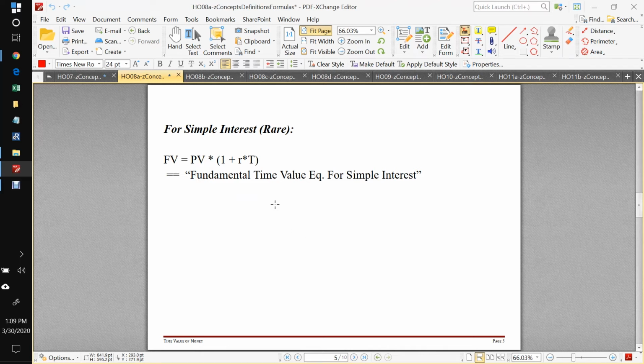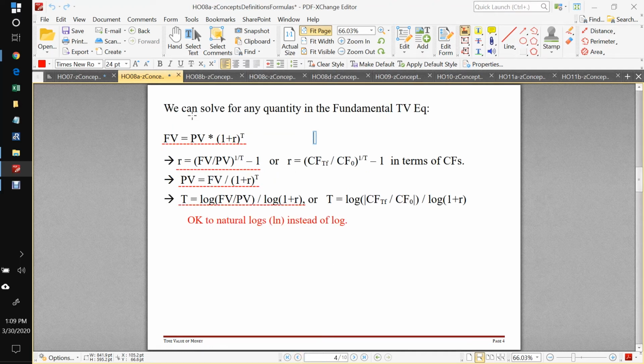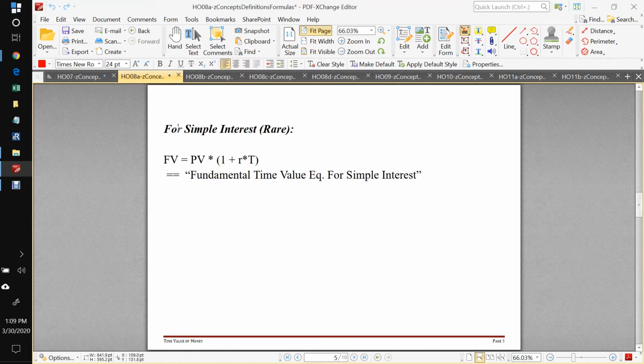And we did look very briefly at simple interest rate, which we did not emphasize. And in general, we're always going to assume compound interest, unless it's specifically stated that this is a simple interest rate problem.